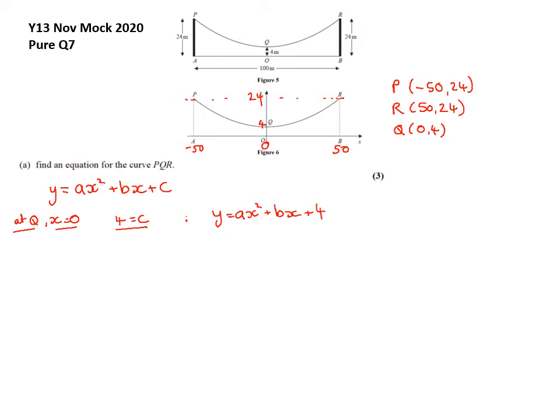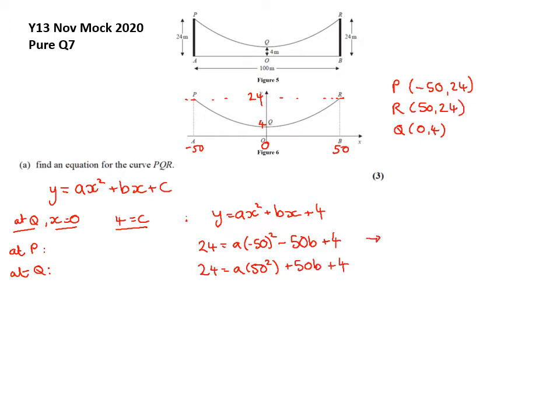If I now plug in at P, I would have 24 is A times minus 50 squared minus 50B plus 4, and at R I've got 24 equals A times 50 squared plus 50B plus 4.